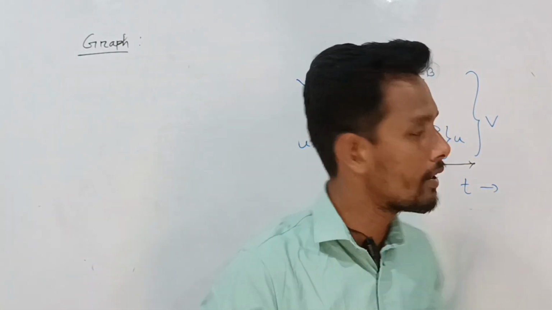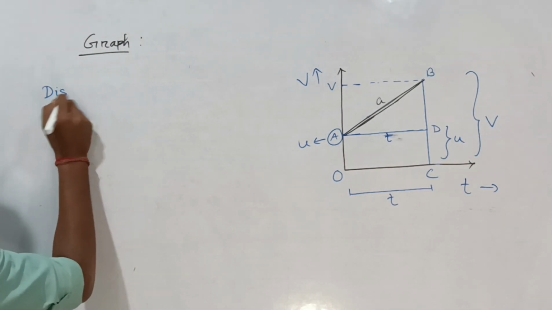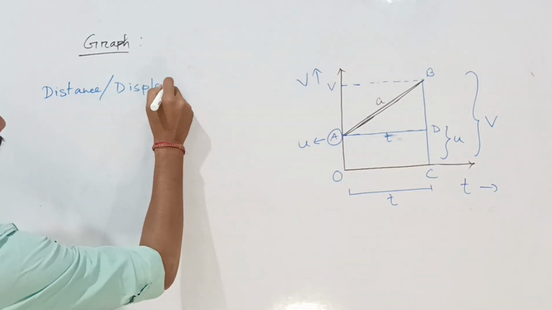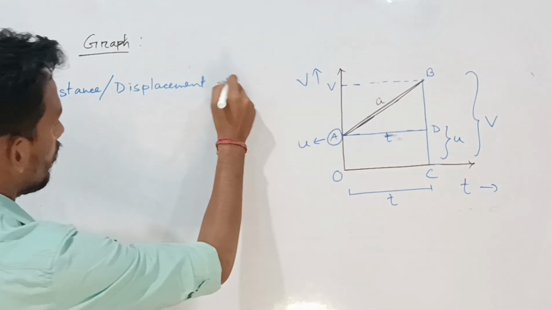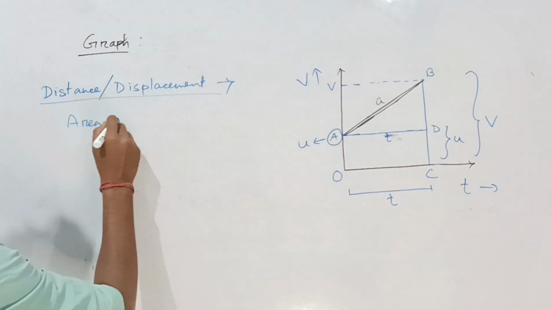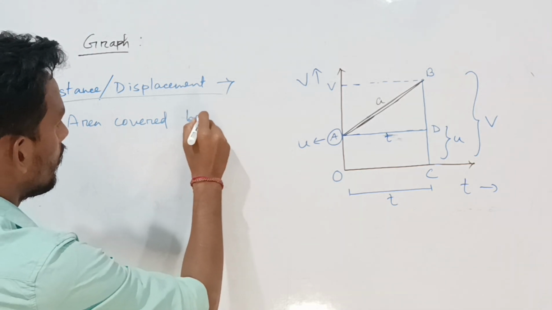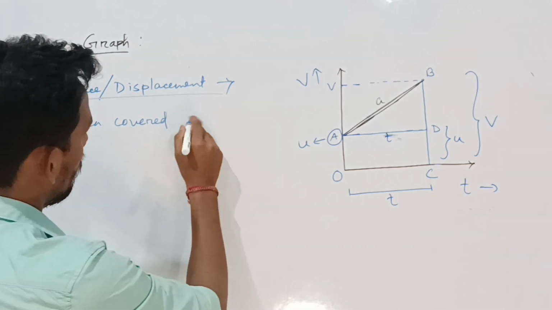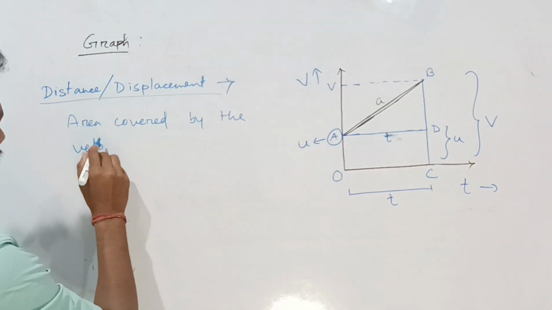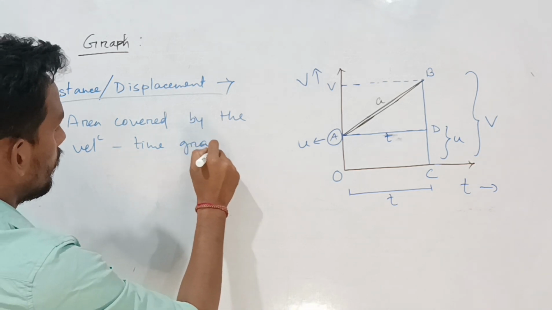Now, what is distance? How can we get the distance from this graph? Actually, the distance or displacement is the area covered by the velocity time graph.